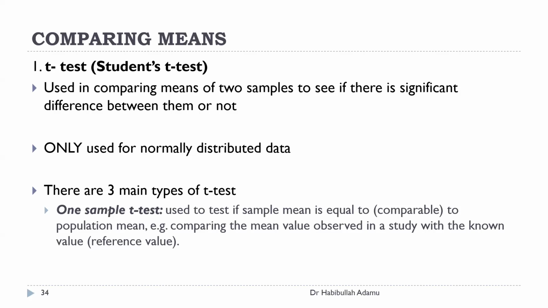In any case, if you need to compare means, the statistical test to use is either a t-test or ANOVA. The t-test is used for comparing two means. If you have two mean values, you use it to compare them.